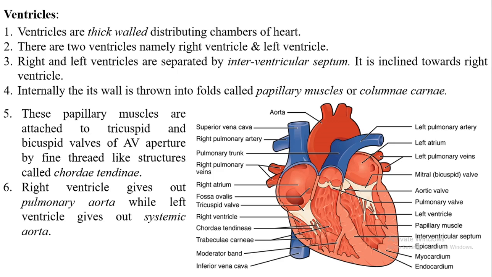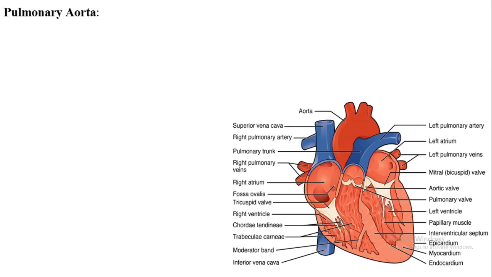So in the figure, you can see in blue color the large vessels shown arising from the right and left ventricle. So from the right ventricle arises the pulmonary aorta, and from the left ventricle arises the systemic aorta. The pulmonary aorta, which arises from the right ventricle, is present externally on the ventral side of the heart.